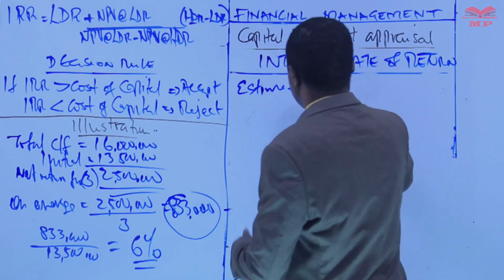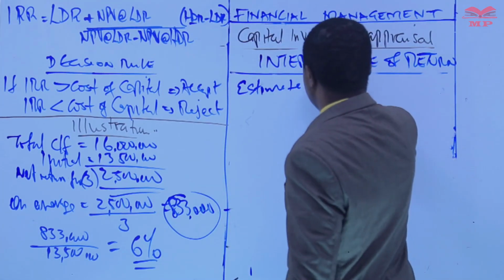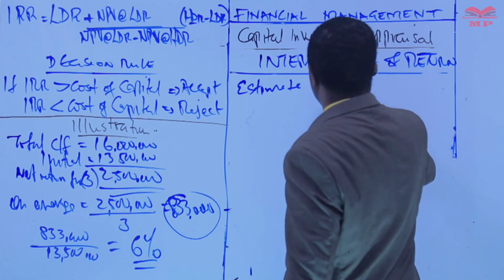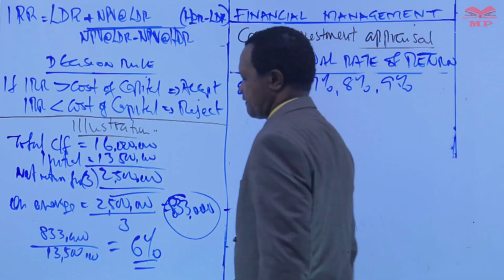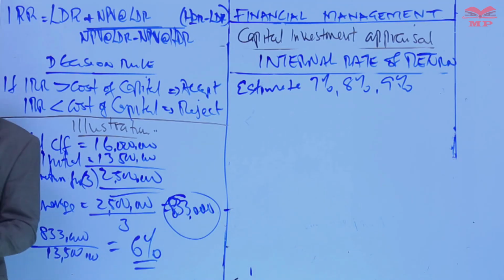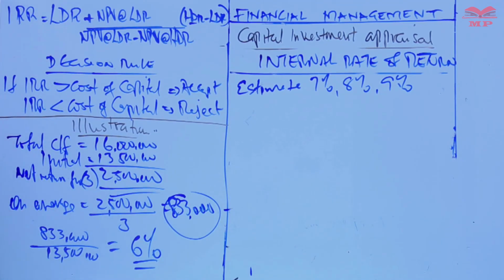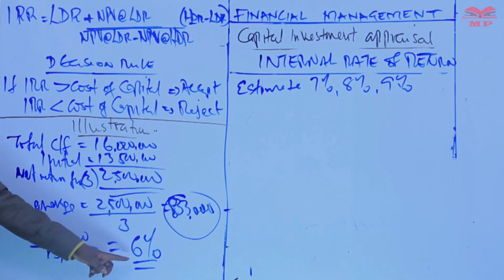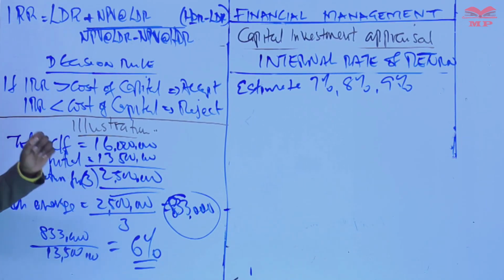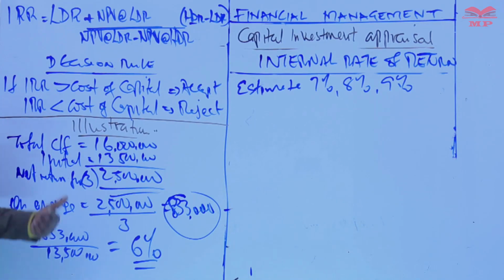It could be 7%, 8%, or 9%. So this calculation is a rough one to help us avoid many trials. The internal rate of return is likely to be higher than this 6%, which could be 7%, 8%, or 9%.